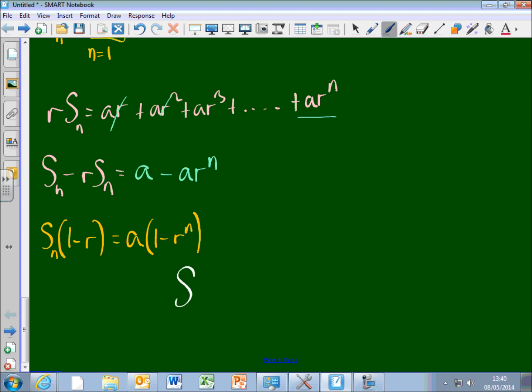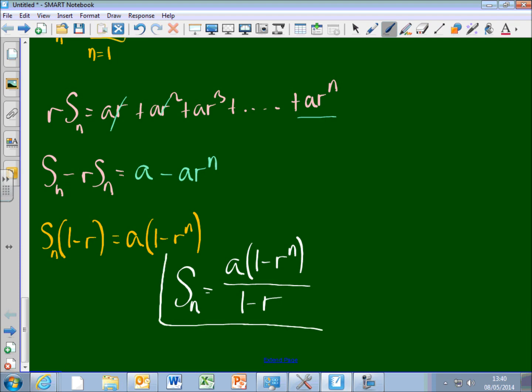The sum of the first n terms, if I divide by 1 minus r, I'll just get it on its own there on the left. So I get a times 1 minus r to the power of n, divided by 1 minus r, and that's the formula that you need. Okay, that will tell you the sum of the first n terms in a geometric series.